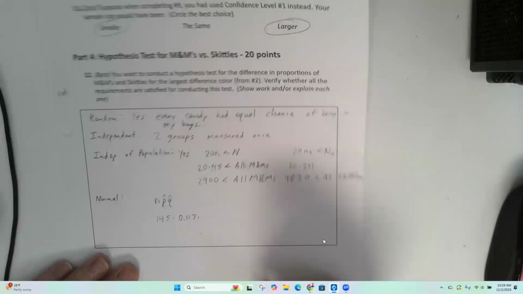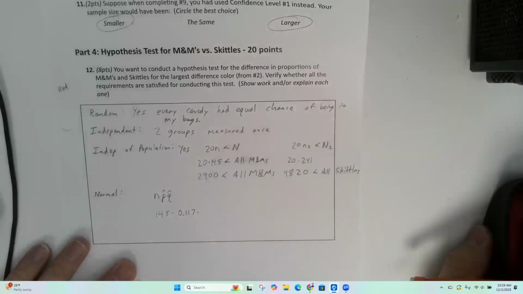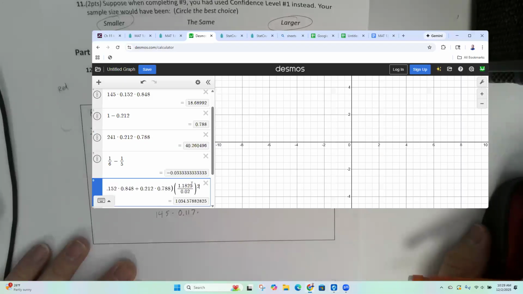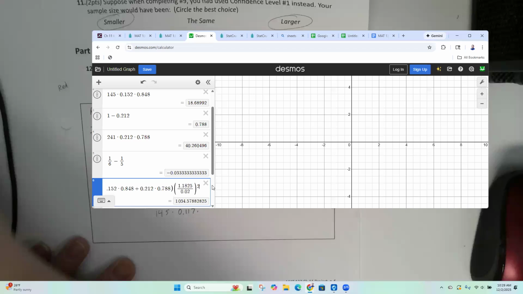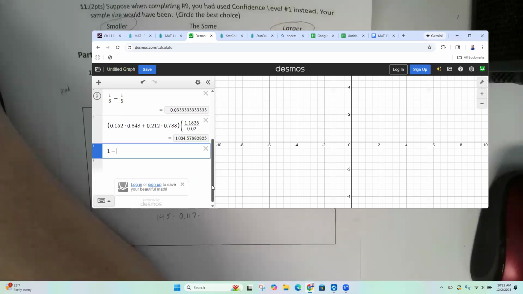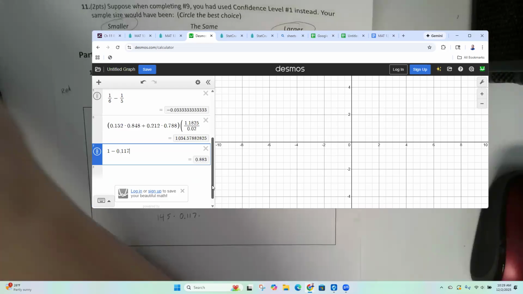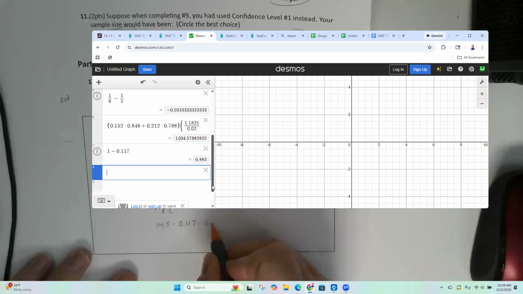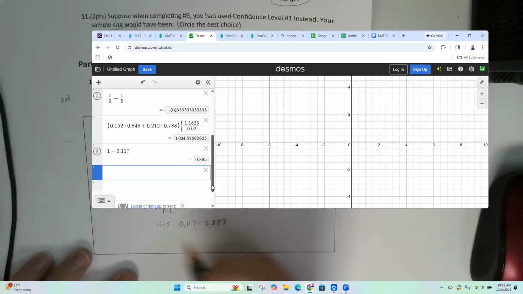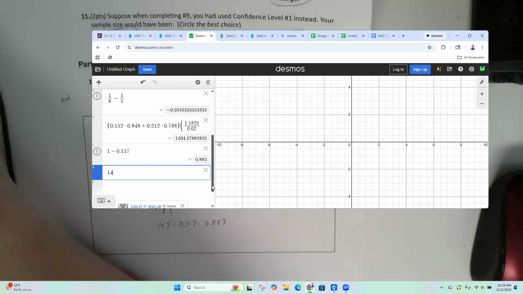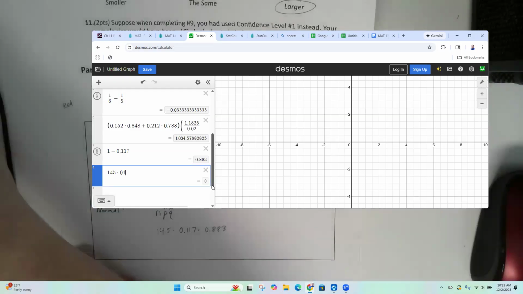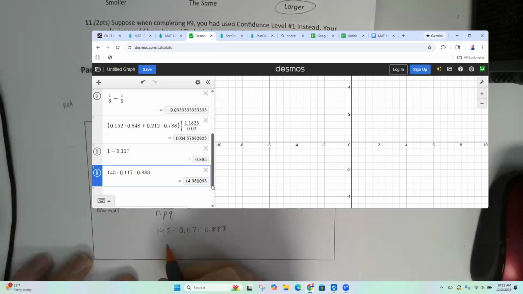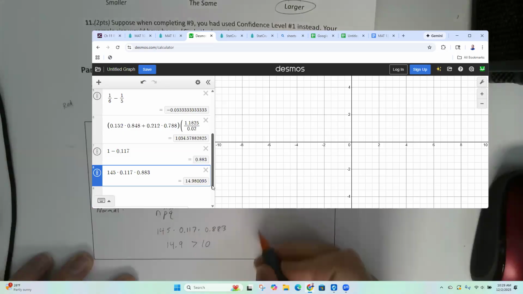So my Q hat then is 0.883. All right. And I get 14.9, which is bigger than 10. So we're good there.